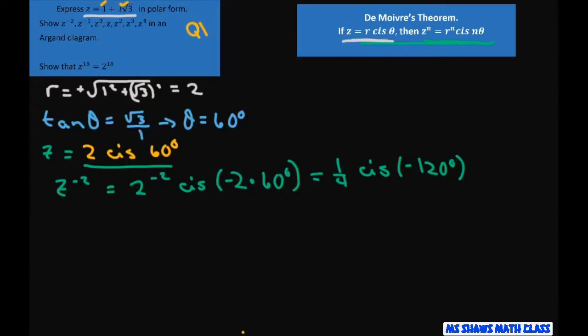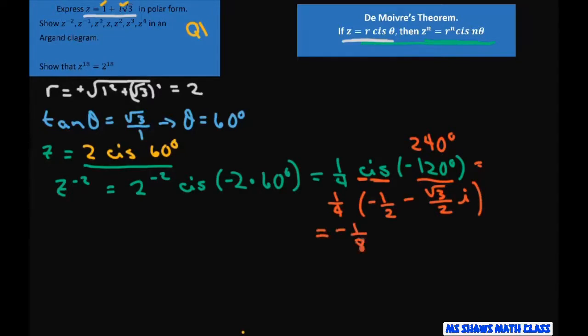If you add 360 to this, it is coterminal with 240 degrees. So basically what we get is 1/4, and cosine of 240 is negative 1/2, and sine of 240 is negative square root of 3 divided by 2, and then just put your i with the sine. This simplifies to negative 1/8 minus square root of 3/8 i.